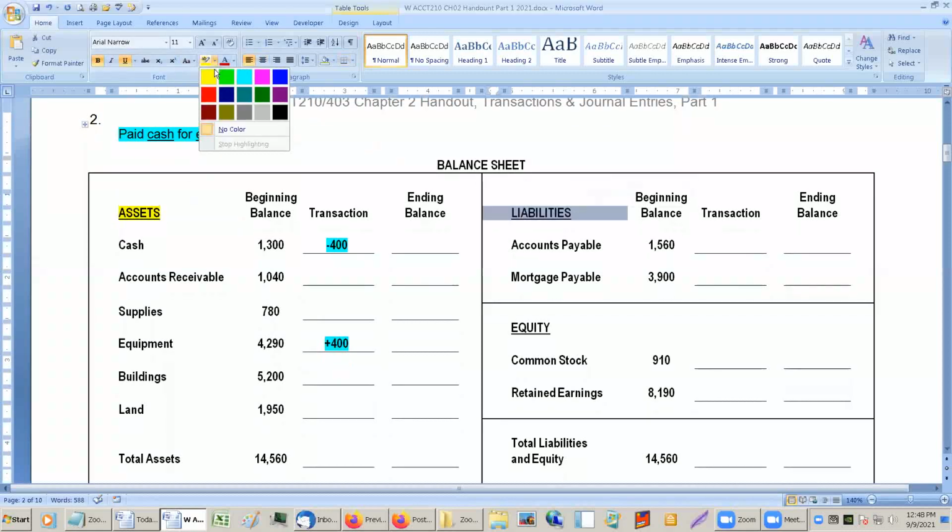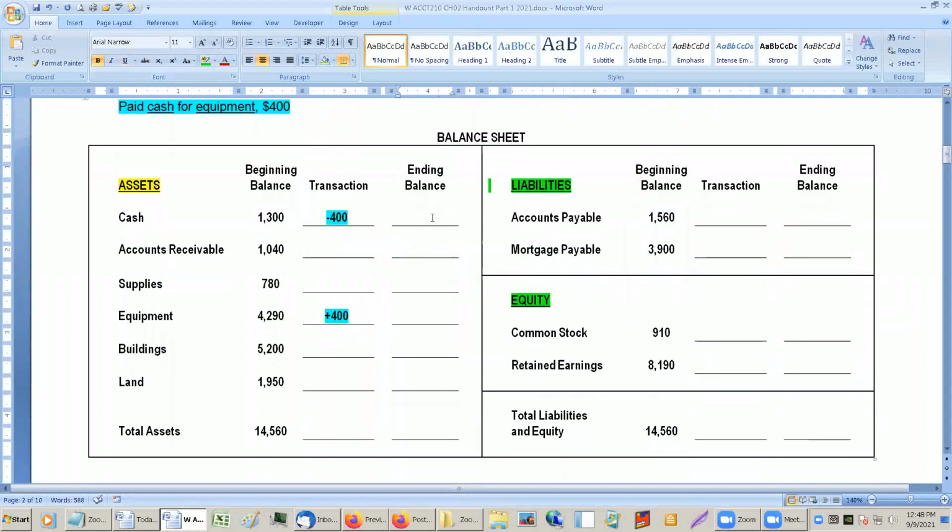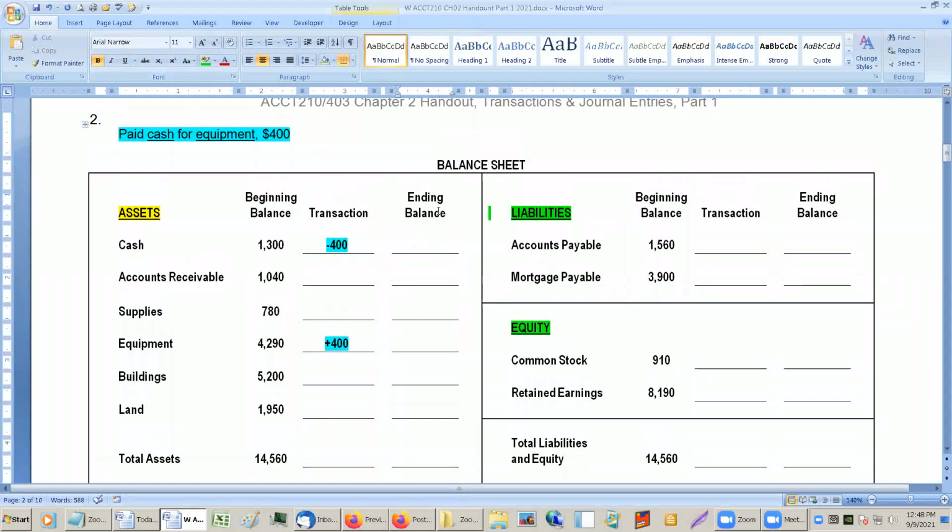Keep my color coordinating scheme going here. All right. So cash, we don't have 1,300. And by the way, you notice that you really want to keep track of this because you want to know how much cash you have going into the future.